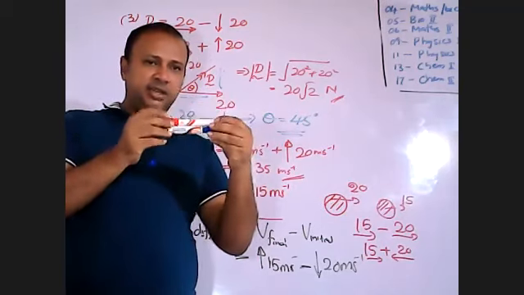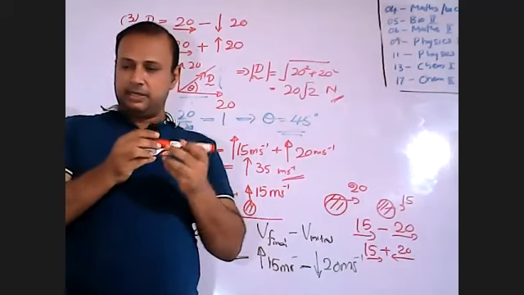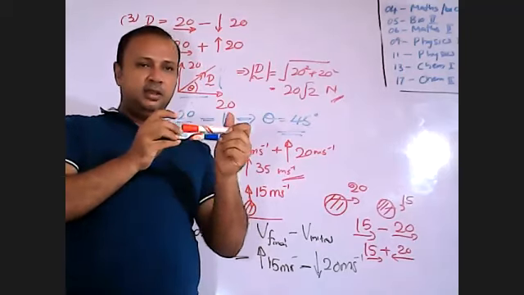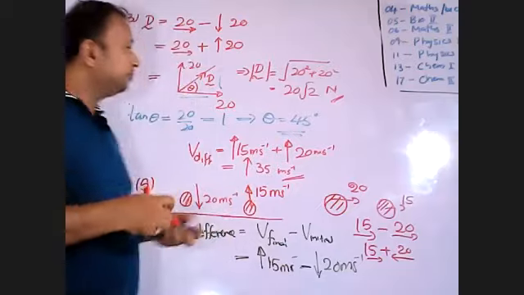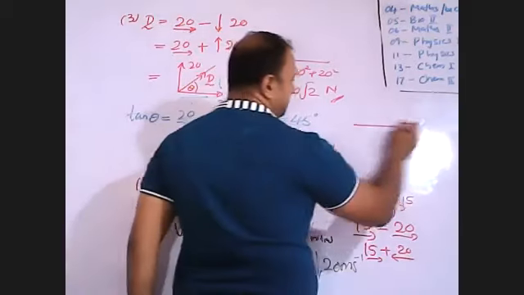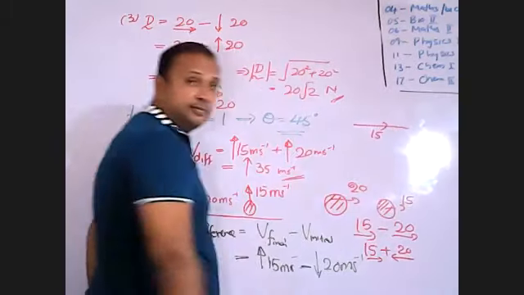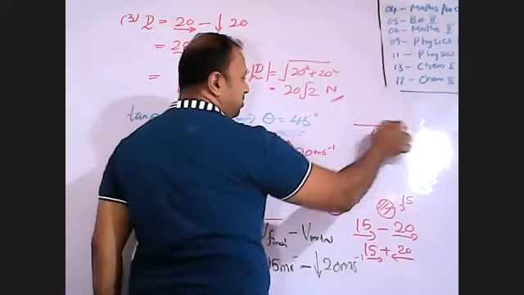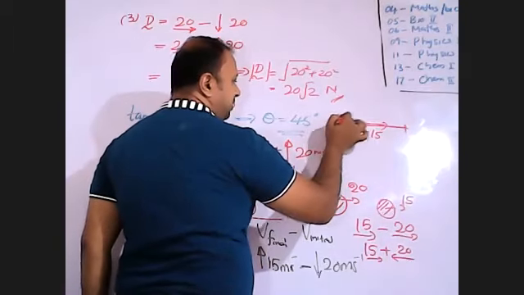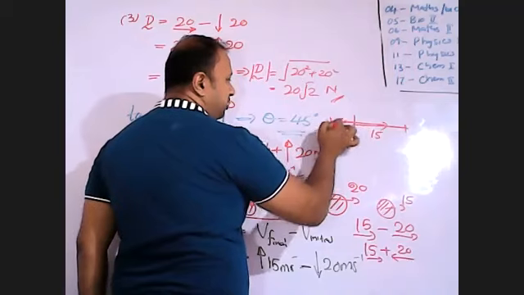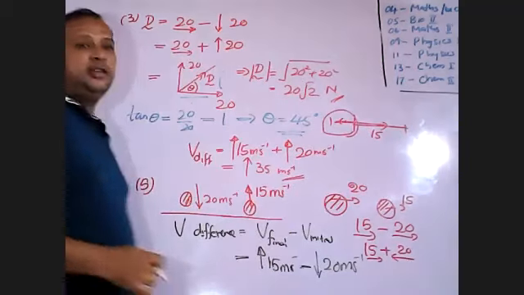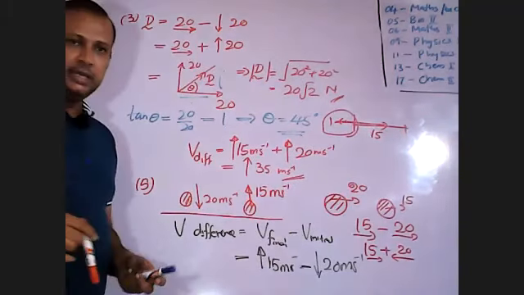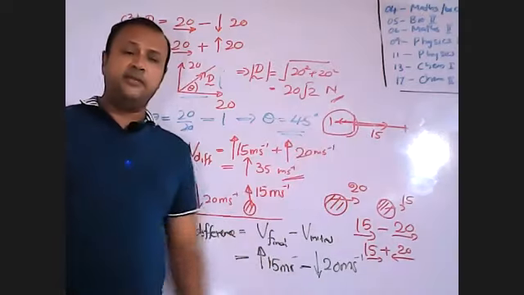If I coincide here, this is 15. If you coincide those two, then this will be 20. So from here to here, there will be the addition. That means 5. We have discussed that under vector addition.